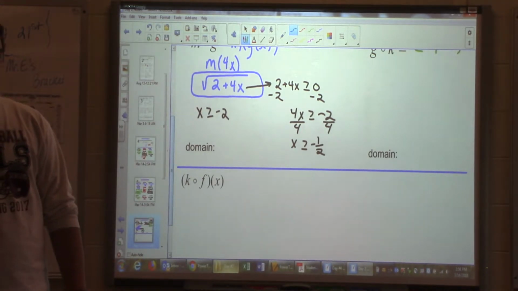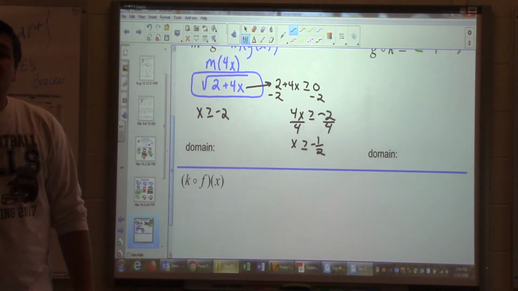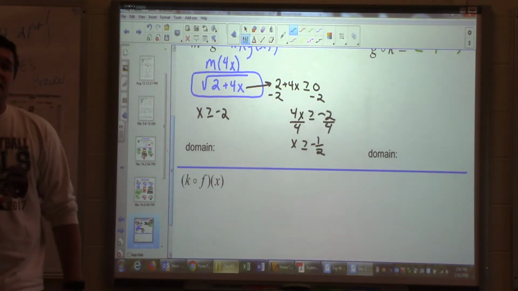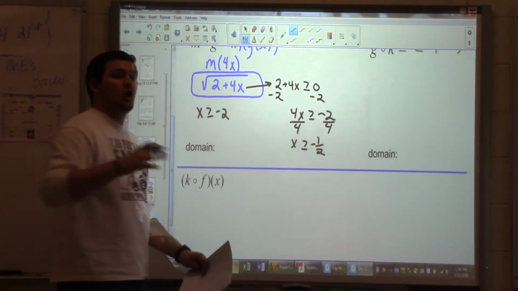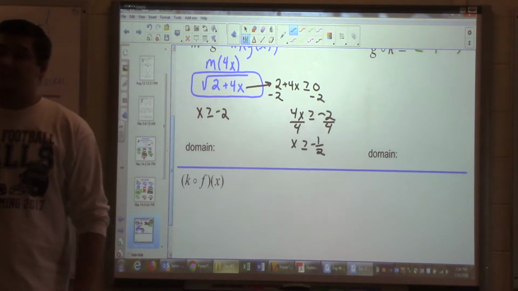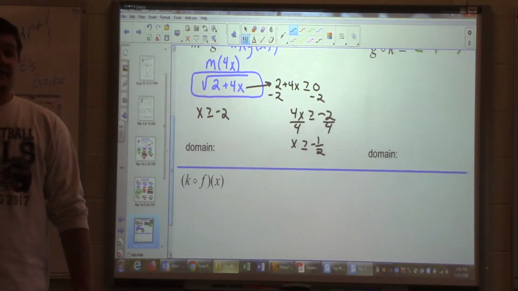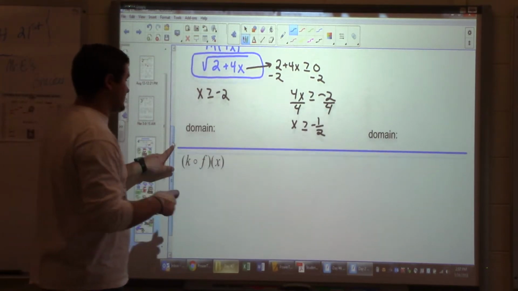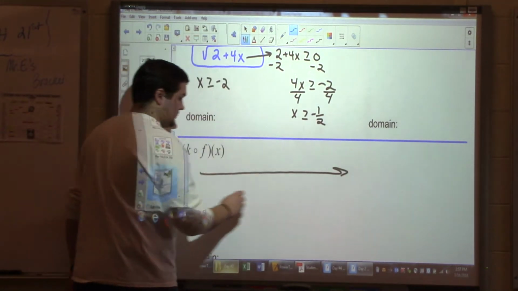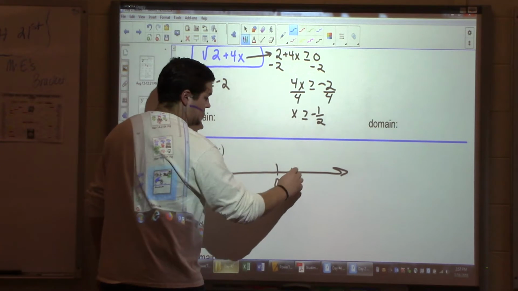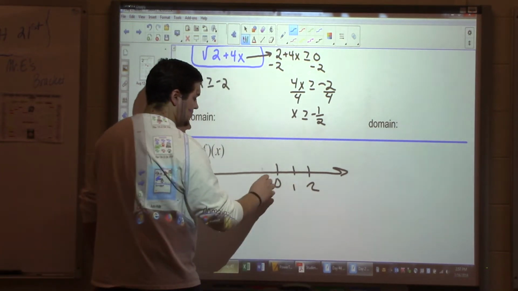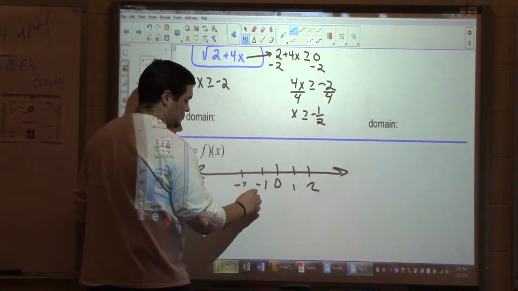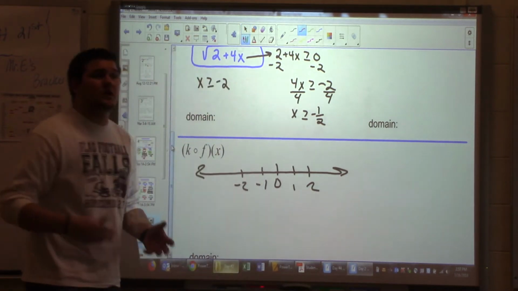Now I have two inequalities for my restrictions. I'm not going to list both of them. That wouldn't make much sense. What I need to do is figure out which inequality satisfies both of them all the time. Some people are going to be able to just look at it and say, hey, it's that one. Other people draw a number line. Draw a number line: 0, 1, 2, -1, -2. And then put the two inequalities on it.